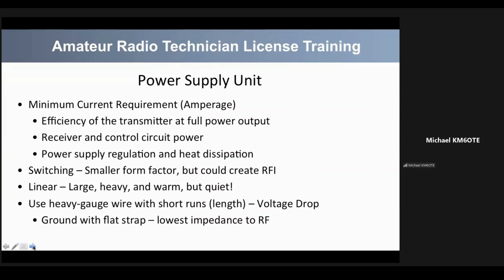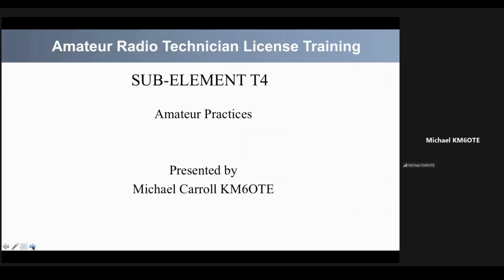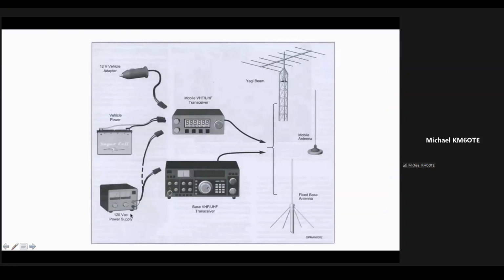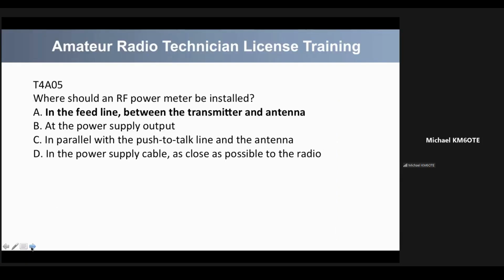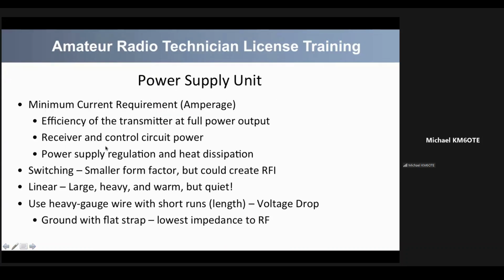Your power supply unit, we saw on that earlier diagram, let's see if we can go back to that diagram. So your power supply unit is over here. You can either have an AC powered supply that provides 12 volts, or a 12 volt battery, or your car. So the things you need to pay attention to are the minimum current requirement.